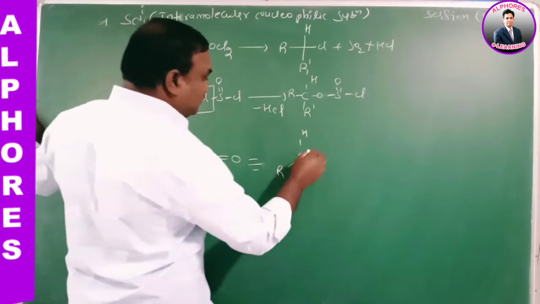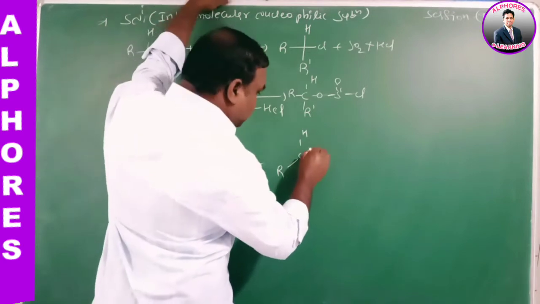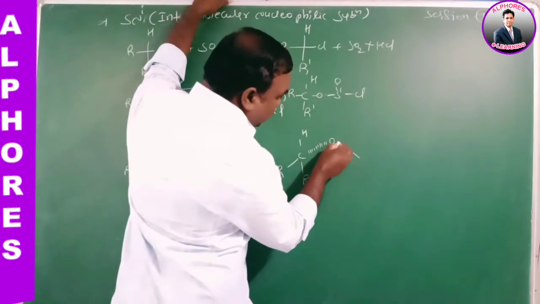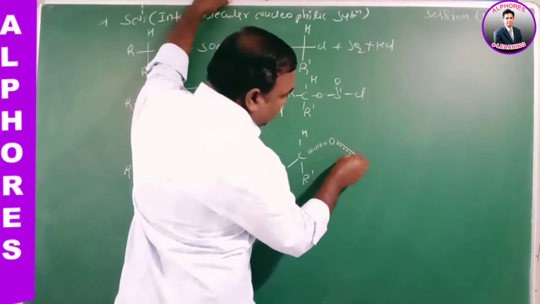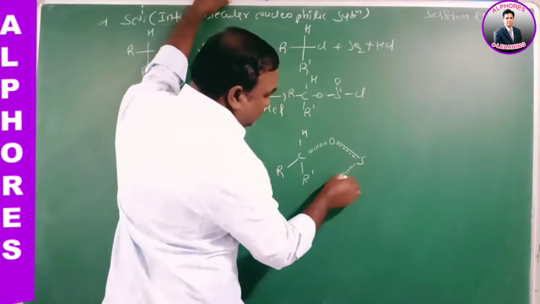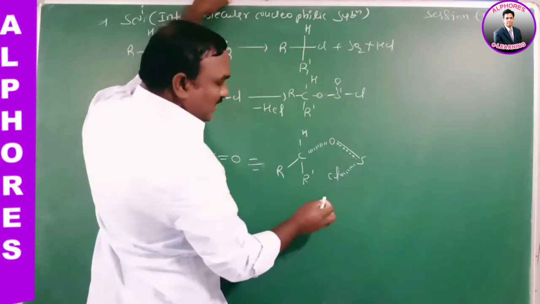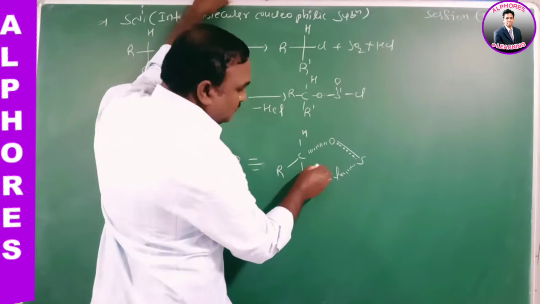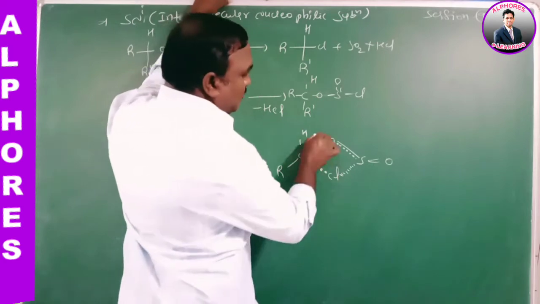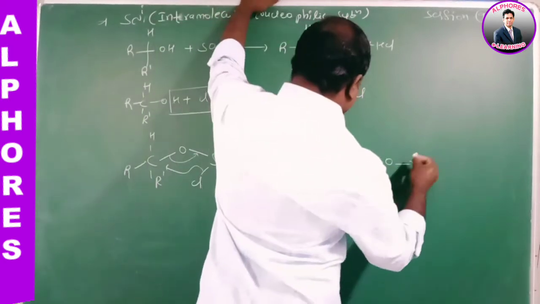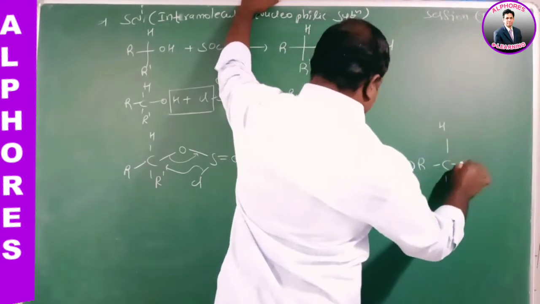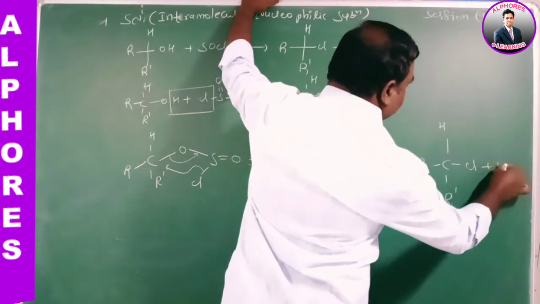Here bond cleavage is possible between carbon and oxygen, here bond formation, and here bond cleavage between sulfur and chlorine, with bond formation here. Final step: Cl plus SO2.